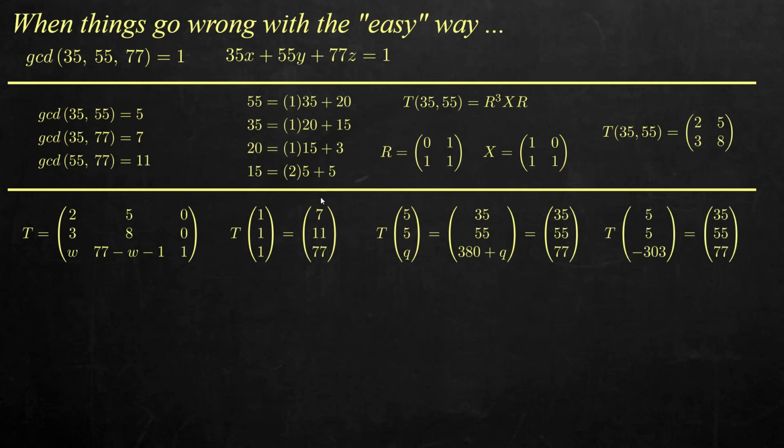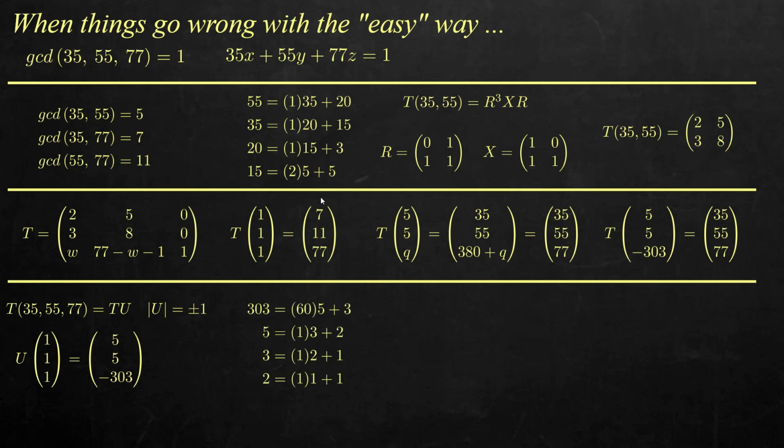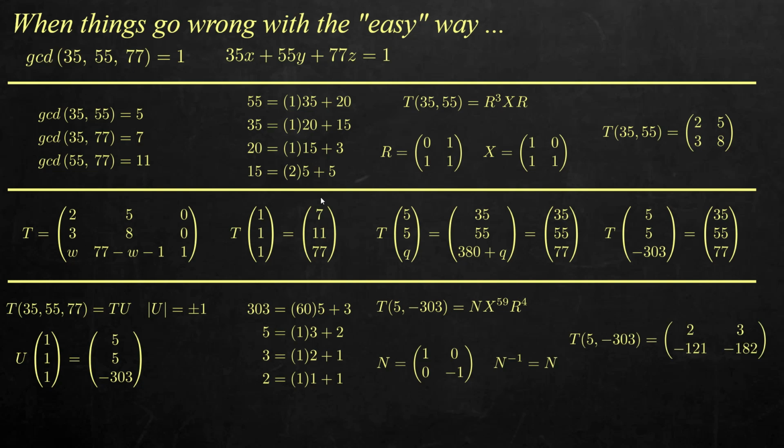And we can determine q through simple calculation. We then reapply the block matrix method to find a new unimodular matrix U mapping (1, 1, 1) to (5, 5, minus 303).